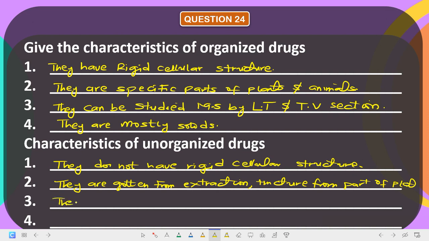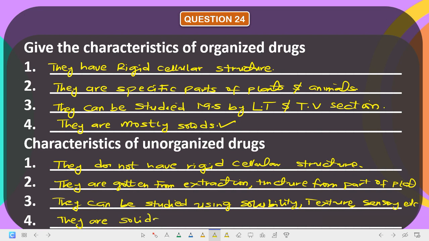And then they can be studied using organoleptic characteristics such as solubility, texture, sensory characteristics, etc. And then finally, talking about the nature of them, they can be solids, semi-solids, and they can be liquid also.